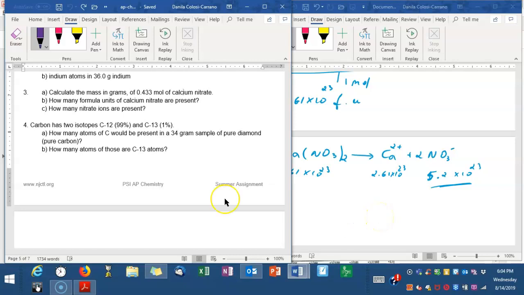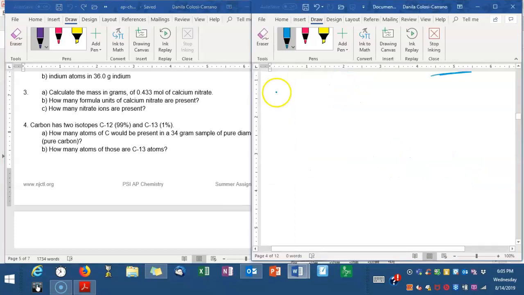Number 4, carbon has 2 isotopes, C12 and C13. How many atoms of carbon would be present in a 34-gram sample of pure diamond, which is pure carbon? C12. How many atoms are present in 34 grams of the C12, right?